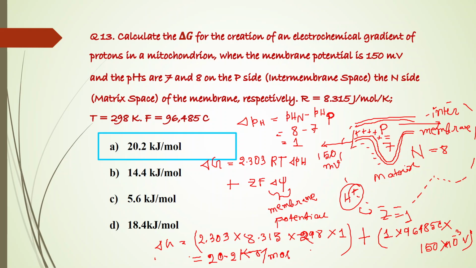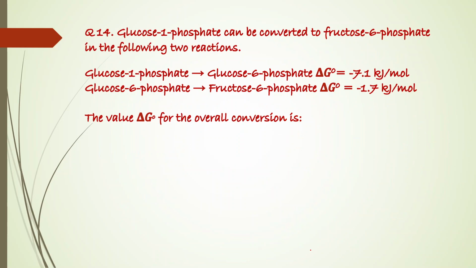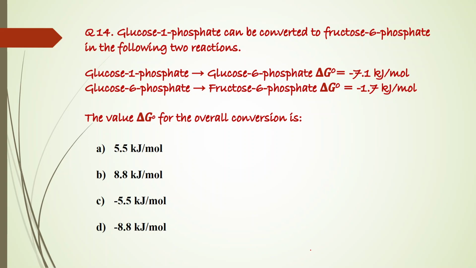Fine. So let us move to the next question. Question number 14 says glucose 1 phosphate can be converted to fructose 6 phosphate in the following two reactions.